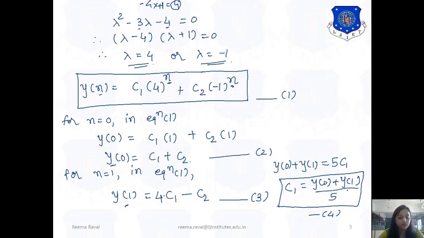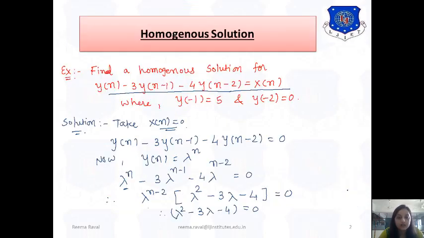Now what we will do is place n equals 0 and n equals 1 in the given original equation. So the next step is to place n equals 0 and n equals 1 in the original equation given to you in the data, right?